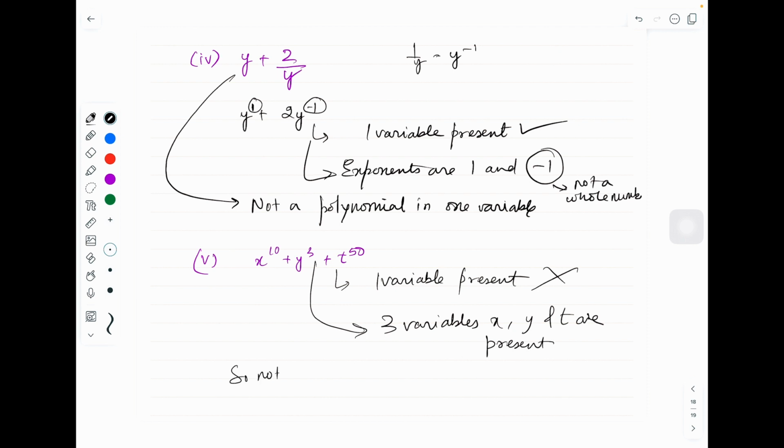So not a polynomial in one variable. You are getting it? x, y and t are present. So not a polynomial in one variable.